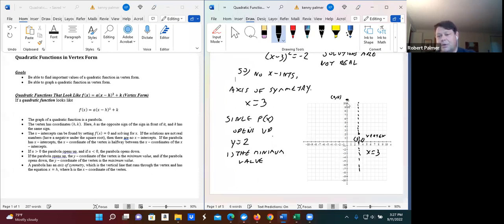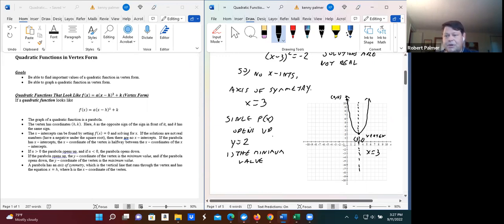That's our axis of symmetry. So our parabola, if you draw it, looks something kind of like this. It's called the axis of symmetry because it's perfectly symmetric, a mirror image. The graph is a mirror image on each side of this line, x equals 3. And so that's our graph. We got all that from just this form.